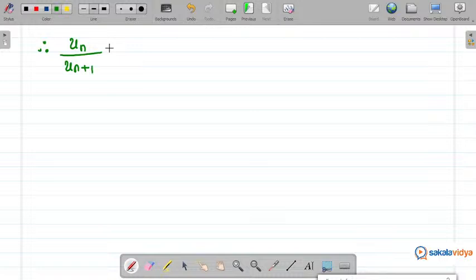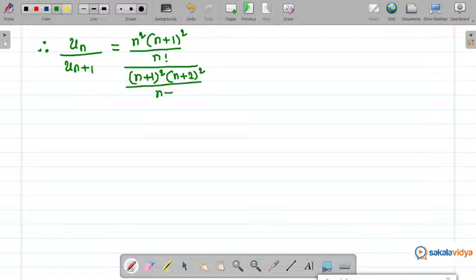What is un value? Un is n square n plus 1 whole square by n factorial, divided by un plus 1, n plus 1 square, n plus 2 square by n plus 1 factorial.